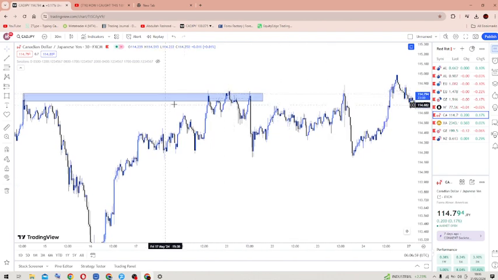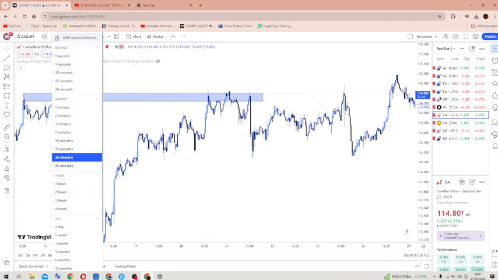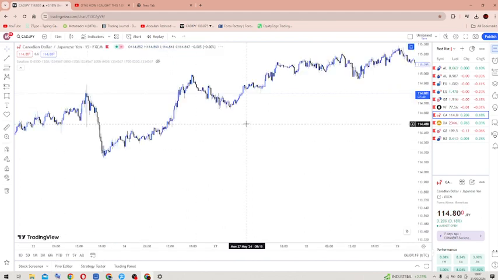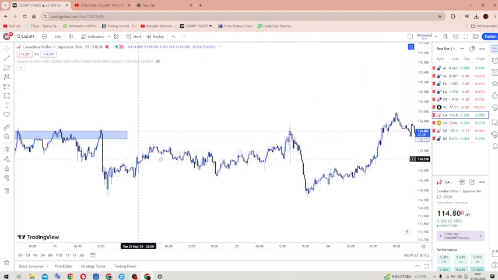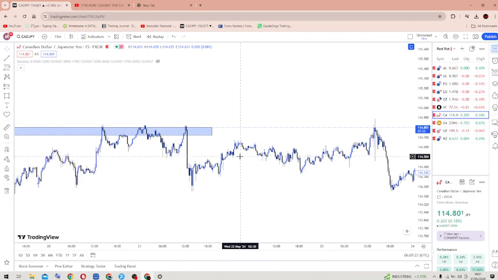So it created a zone. Sorry, it was trending in a zone. It failed to break out, but every time it reached this zone, it sold. That's what I mean actually. So what I needed to do, I just went to the 15-minute time frame, because I like trading from the 15-minute, because that is where I get the high risk to reward.